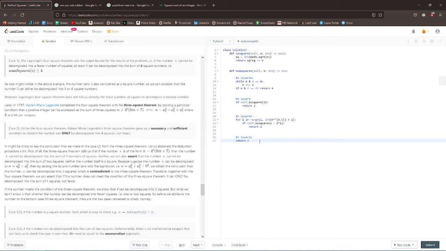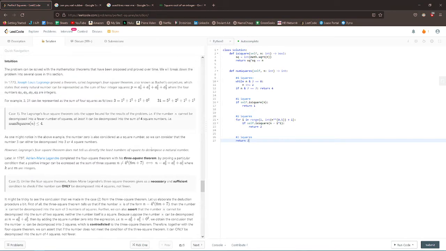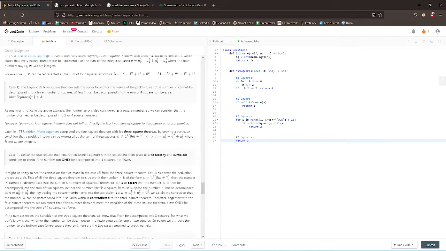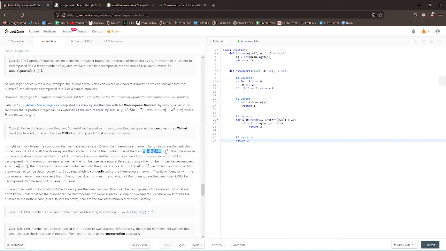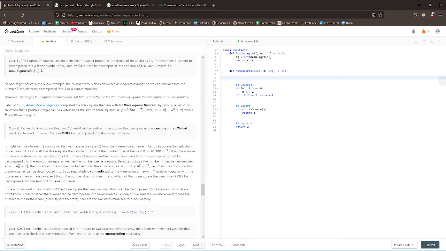And then the last thing to look at is, why are we not checking 3? The answer is that would be much more complicated. We can show that n is the sum of 4 squares instead of 3, but it would be very difficult to show that n specifically is the sum of 3 squares. So we leave that last, because if we had 3, 4, 1, 2, we could take this out and just say return 2, and then have whatever 3 squares code up here.